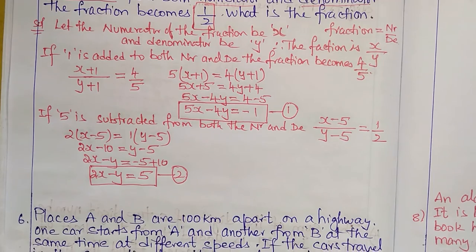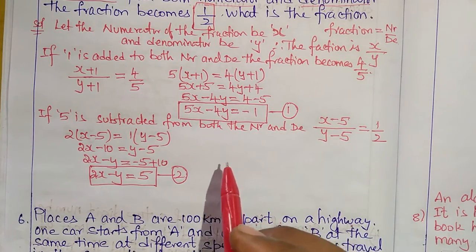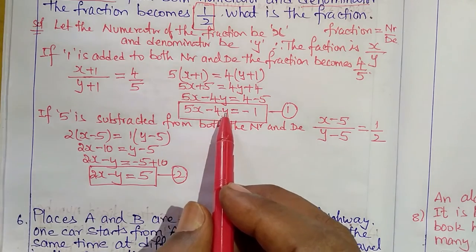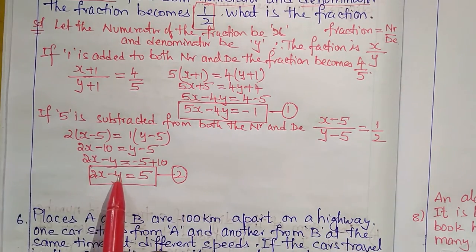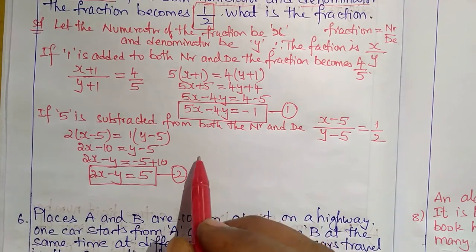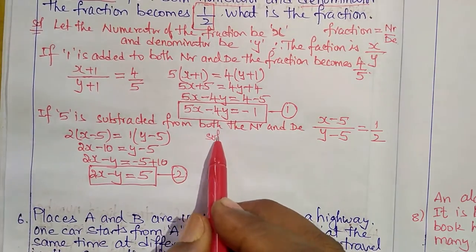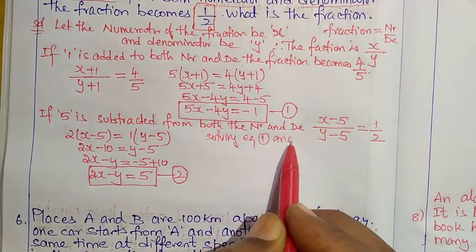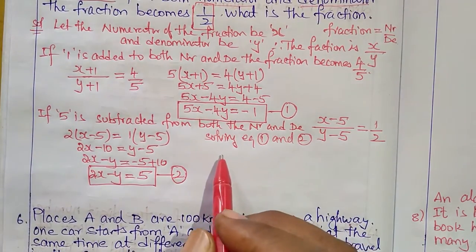Now I will use either the elimination method or the substitution method. Here the coefficient of y is minus 4, and in equation 2 the coefficient of y is minus 1. So solving equations 1 and 2, I will use the elimination method.